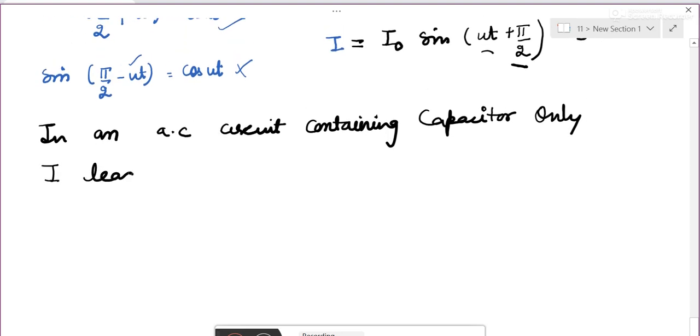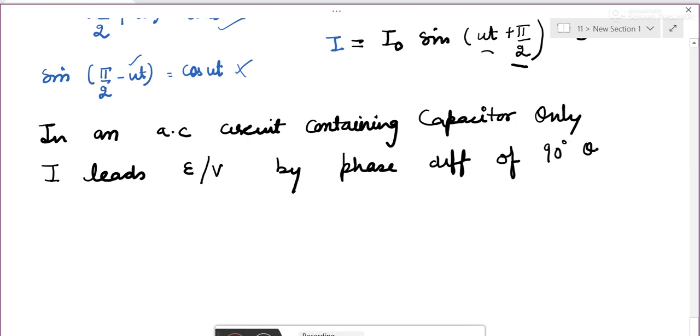Current leads voltage by a phase difference of 90 degree or pi by 2 radian.